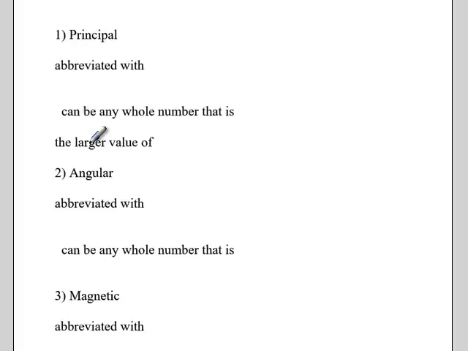So it turns out there are 4 of these variables, and these variables are called quantum numbers. And the first one is called the principal quantum number, and we're going to abbreviate that with a lowercase n. So what's important is that you remember that it's called n. You don't really have to remember that it's called the principal quantum number.